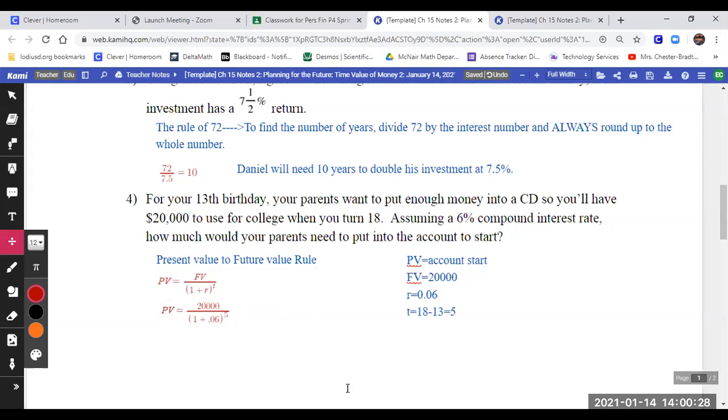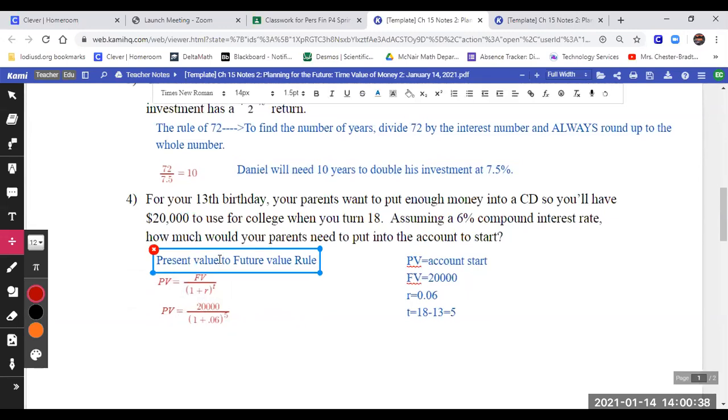And that is actually the formula we used yesterday. Because present value is the same thing as saying our principal, and future value is the same thing as saying our accumulated. Now let's go get the calculator and get this thing figured out.